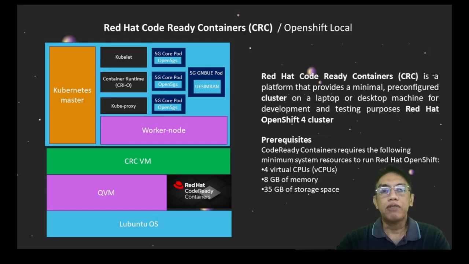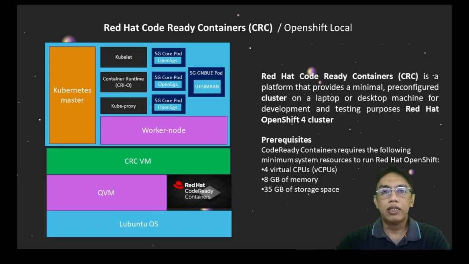In this simulation, we will install the CodeReady Containers and the virtualization software on the Ubuntu operating system. The CodeReady Containers and the QEMU/KVM software will then create the CRC VM to host the OpenShift cluster.